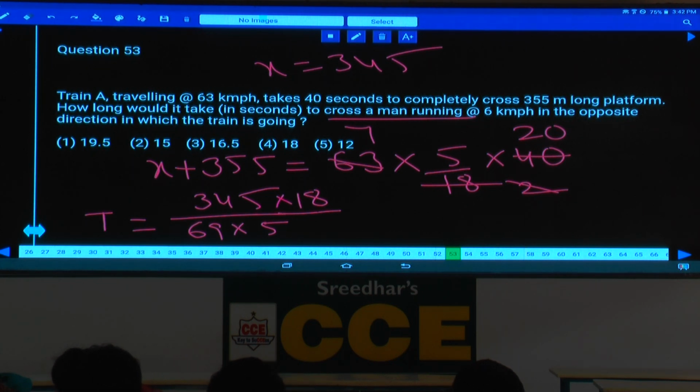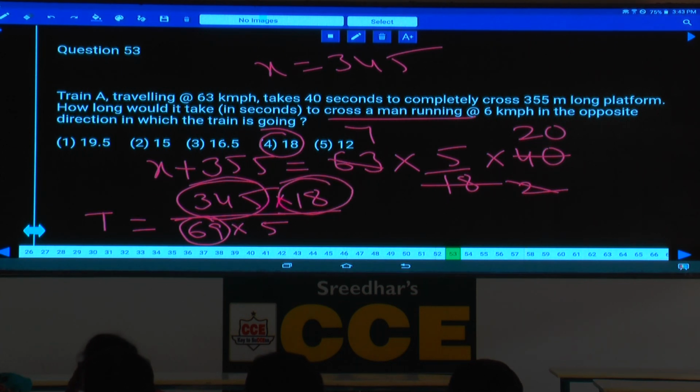Answer should be a 9 multiple. The denominator 18 is a 9 multiple, and the 345 is a 3 multiple that cancels, still leaving 18, the 9 multiple. Done. Okay. Next.